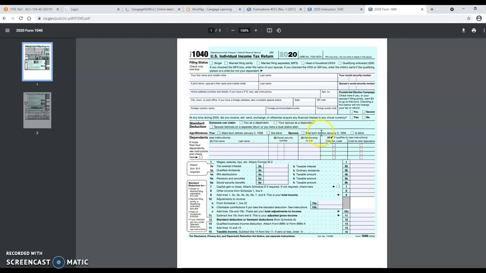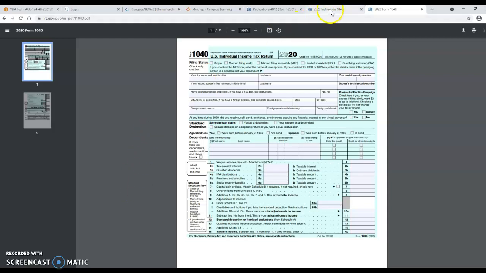Was he blind? Was the spouse born before January 2nd, 1956? Is the spouse blind? Okay, and so in that case, you see if they are over 65 years old or blind, they get extra standard deduction.